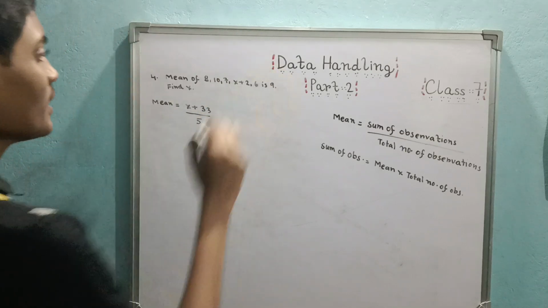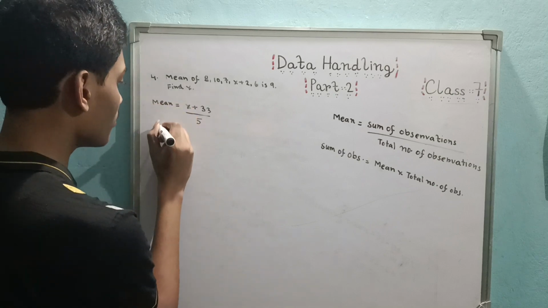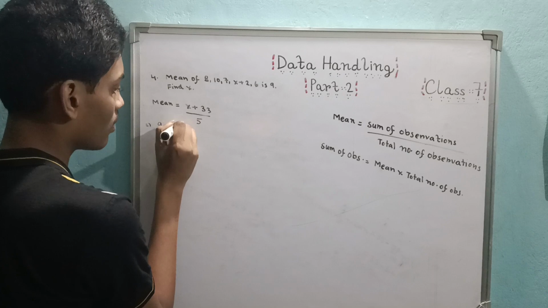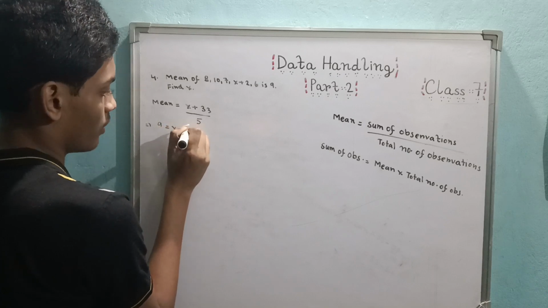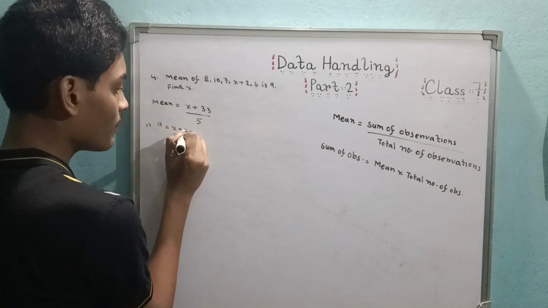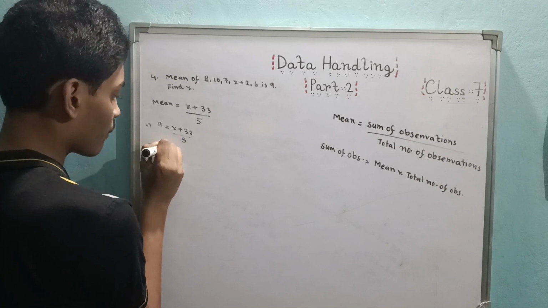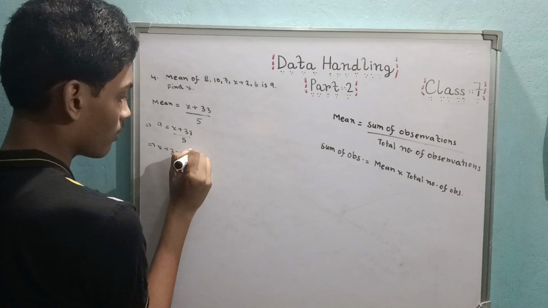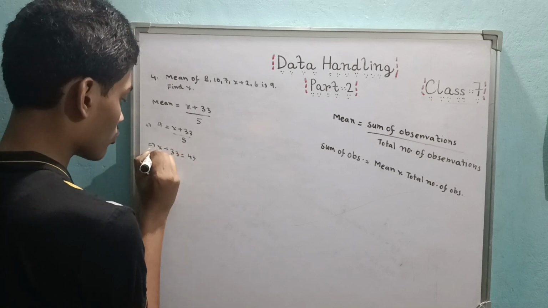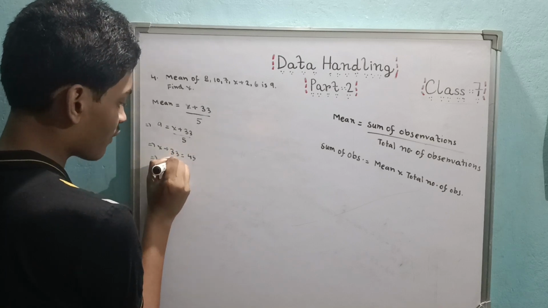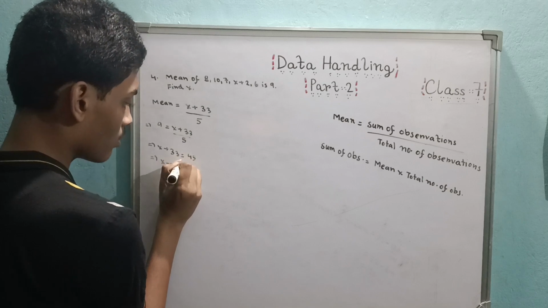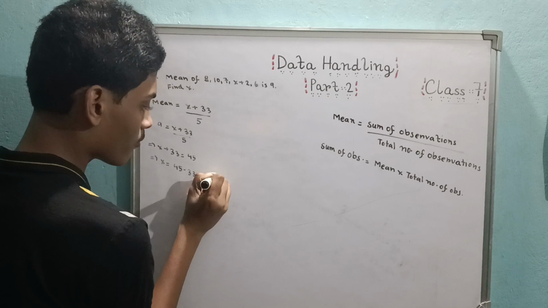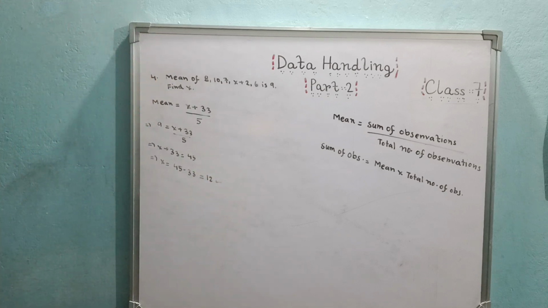Now the mean is given to us as 9, so I can substitute the mean as 9. Cross multiplication: x plus 33 equals 9 into 5, 45, so x equals 45 minus 33, equal to 12. Easy.